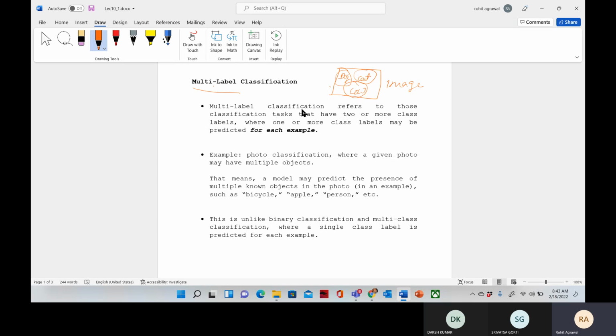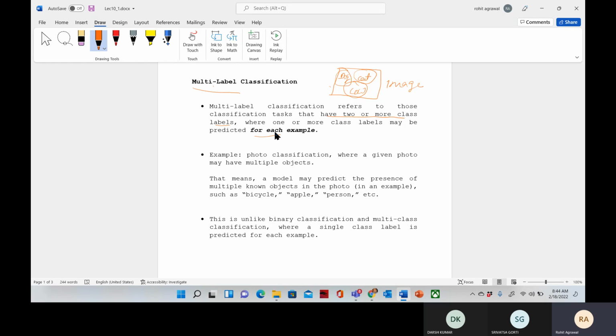In the definition, multi-level classification refers to classification that has two or more class levels, where one or more class levels may be predicted for each example, just like your group image.